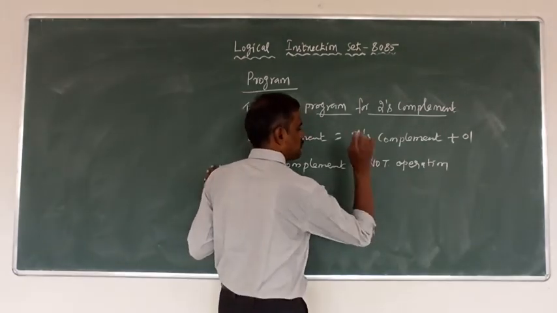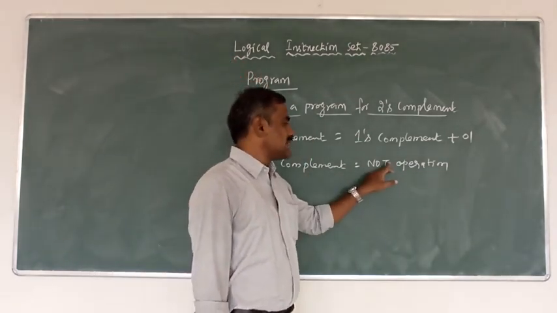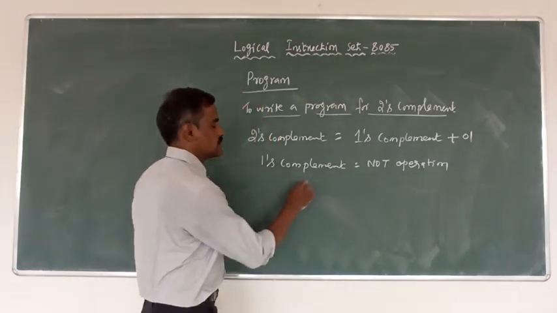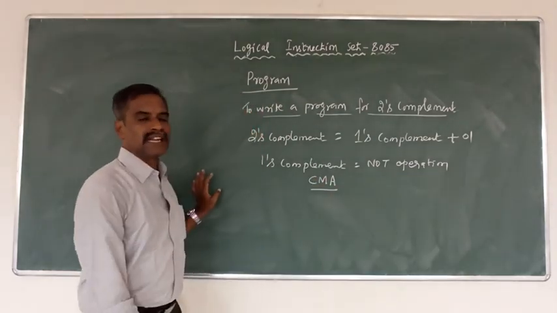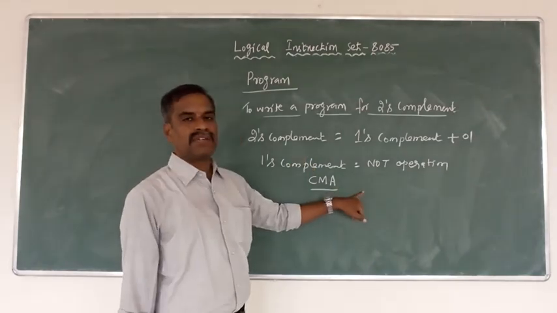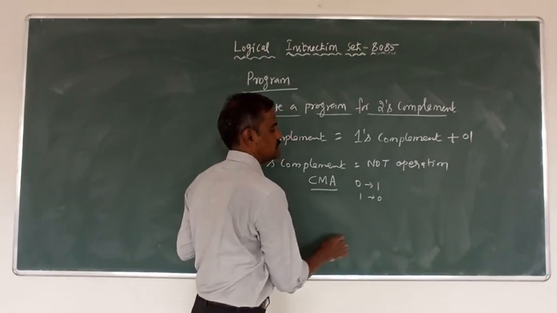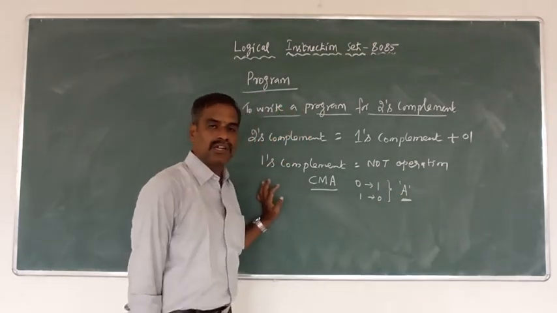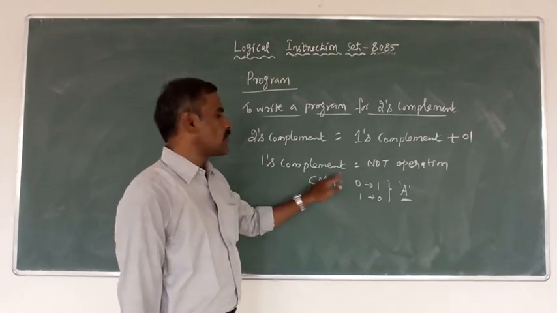In the logical instruction set, what instruction can we use for not operation? We can use CMA, complement the accumulator content. Whatever data is in the accumulator, it will complement. It will complement only the A register content, not some other register content. Okay? This is for ones complement.